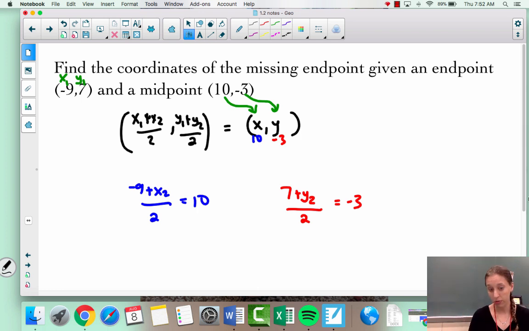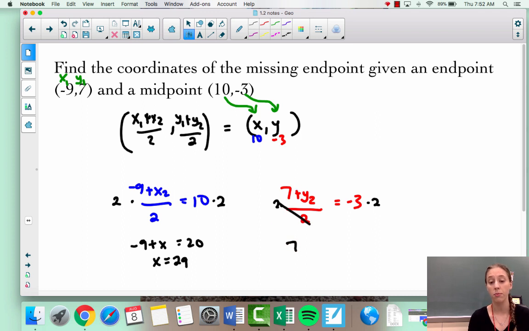And this is just a matter of solving. So to solve these, I'm going to get rid of this 2 by multiplying on both sides. And then when I do that, I'm going to be left with negative 9 plus this x equals 20. And then I could add 9 over, and that gets x equals 29. And then same thing over here, these cancel, so I'm left with 7 plus y equals negative 6.